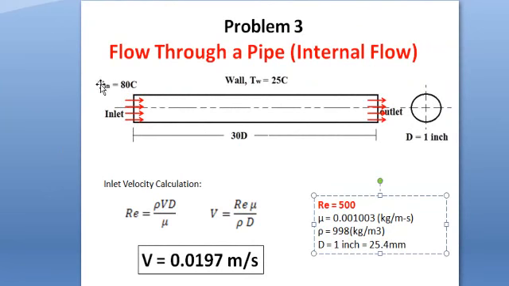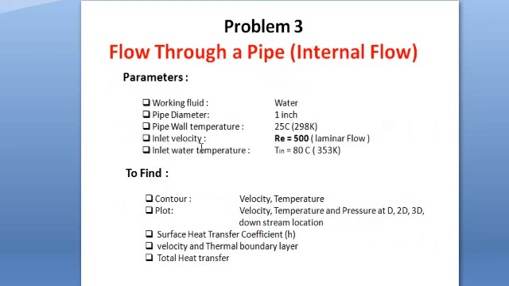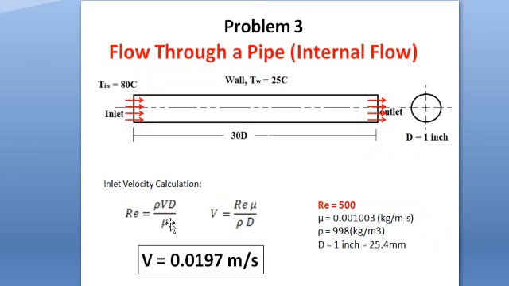The inlet temperature of the water is 80 degrees C. This is our outlet, and our wall temperature is 25 degrees C. For the velocity, we have a Reynolds number of 500, and if you put the Reynolds number 500 here with the viscosity and the density according to the properties of water, then you will get a velocity of 0.0197 meters per second.